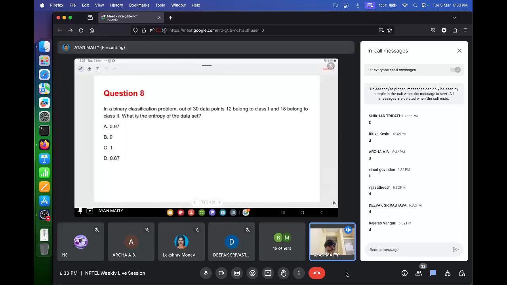In a binary classification problem, out of 30 data points, 12 belong to class 1, 18 belong to class 2.